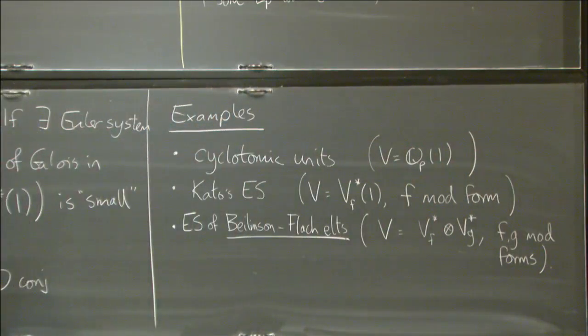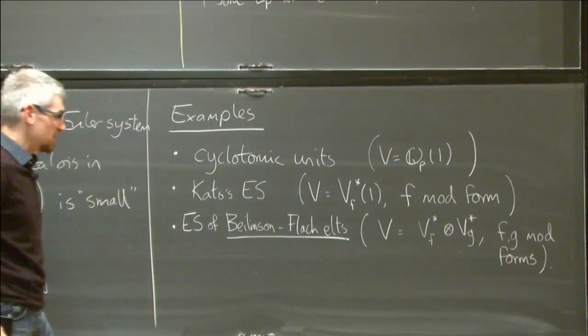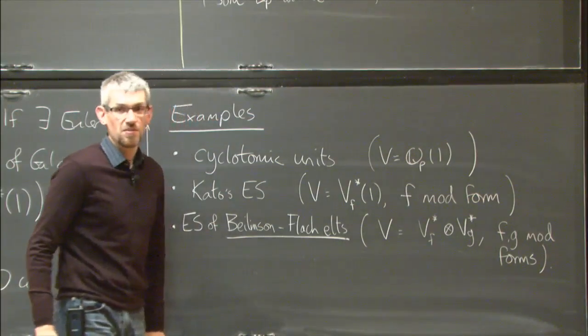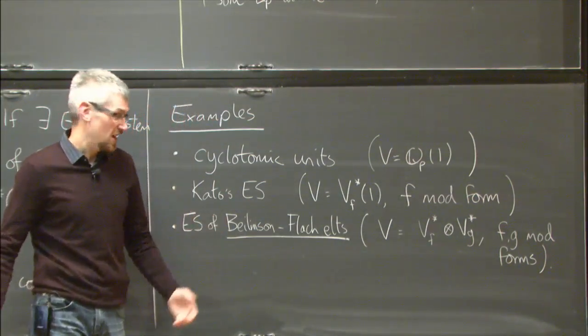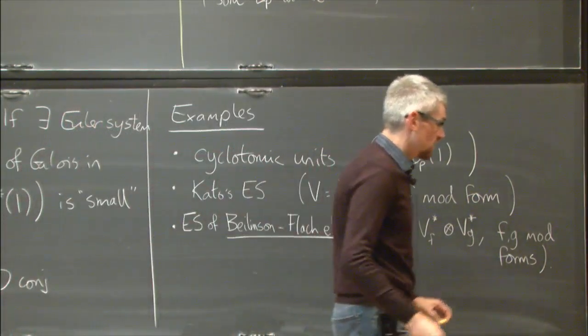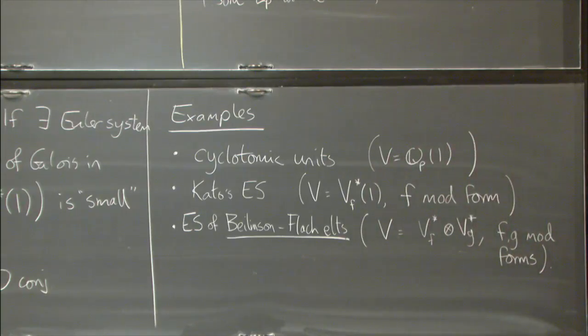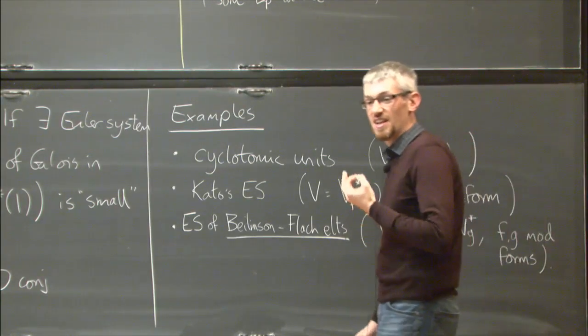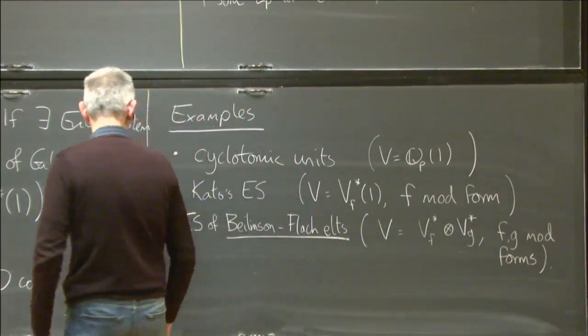So notice that these examples, well, maybe the first one is a little debatable, but certainly these two examples, my representations are representations that are known to be automorphic in some sense, and it's crucial for the construction that you see these representations in the cohomology of some Shimura variety. So all of my cohomology classes are going to come from geometric data.